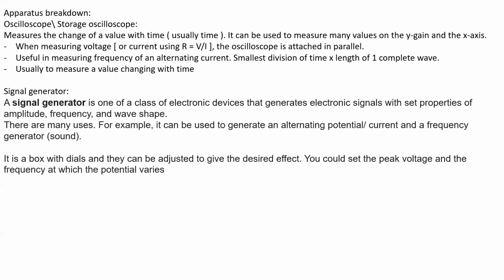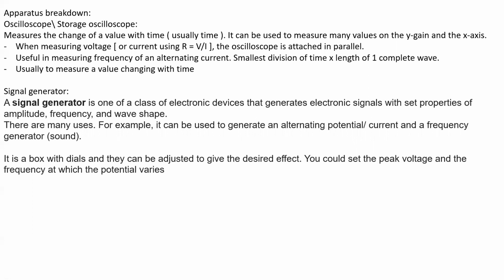Oscilloscopes have infinite resistance, so you can't put it in series. So you have to put it across a fixed resistor, with the oscilloscope in parallel across the fixed resistor, and then use the formula R equals V over I.